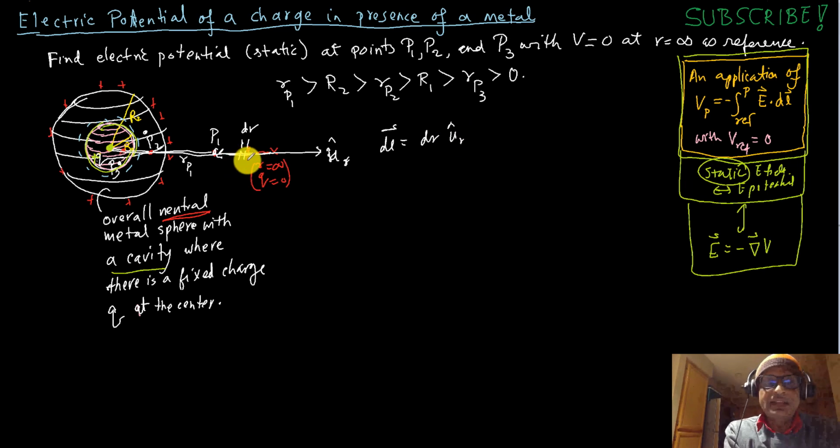So if I knew the electric field here, I could just take a dot product, right? And I can do this integral from infinity to this point r_P1. But how do you get the electric field here?